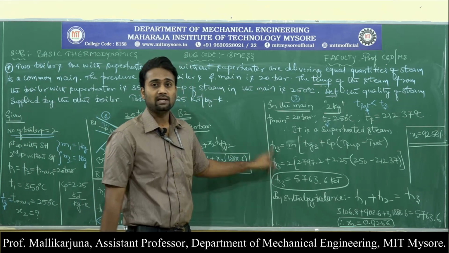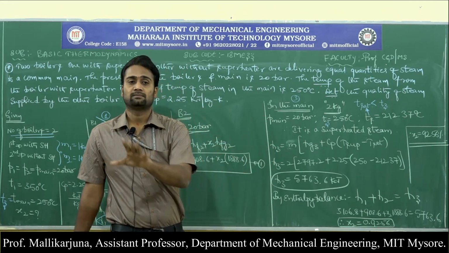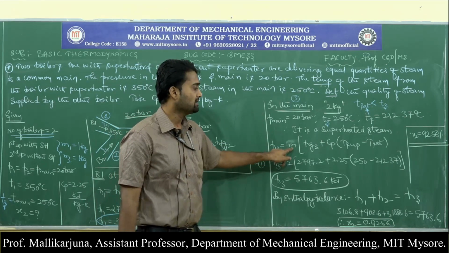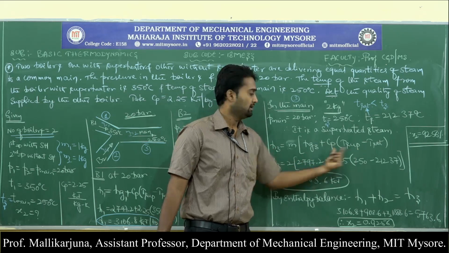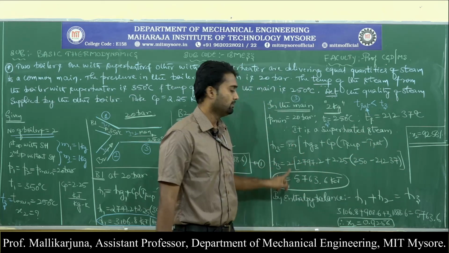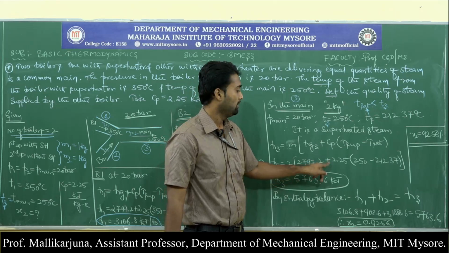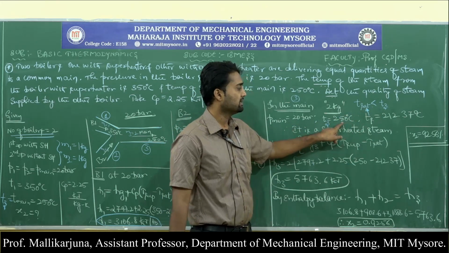So I need to find the enthalpy of the steam which is present in the mains. So H3, condition number 3 is for mains. H3 is mass into enthalpy of the dry saturated steam plus superheat, Cp into T superheated minus T saturation. So M 2 kgs, make sure Hg3 2797.2 plus Cp 2.25, T superheated, what is superheated temperature for the mains?